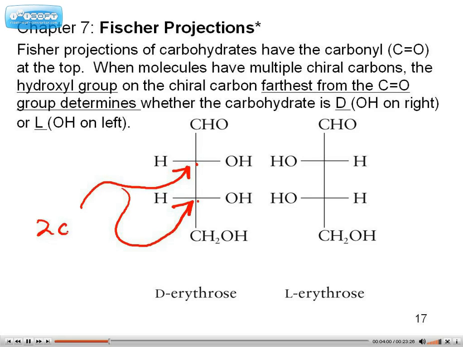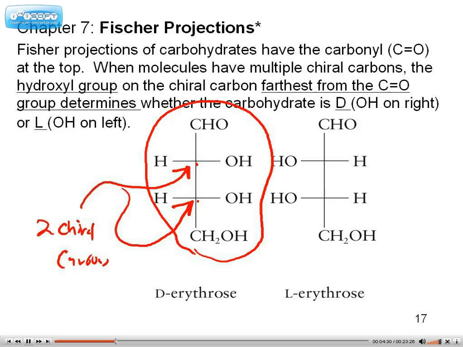So 2 chirocarbons. Now, it turns out in biochemistry, unlike organic chemistry, biomolecules tend to have only one type of isomer. When it comes to enantiomers, in a living organism, they prefer only one type of enantiomer.